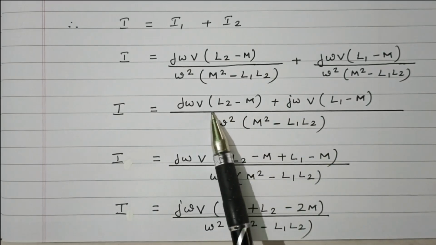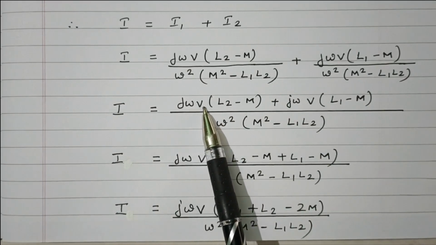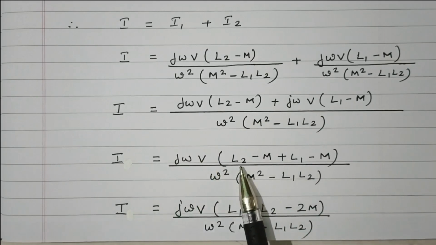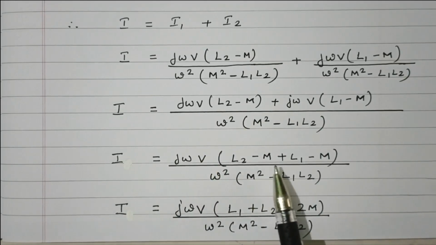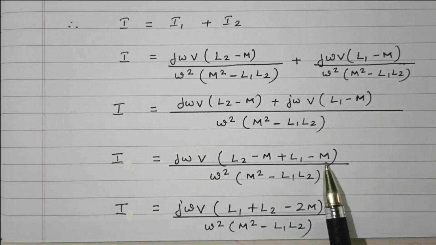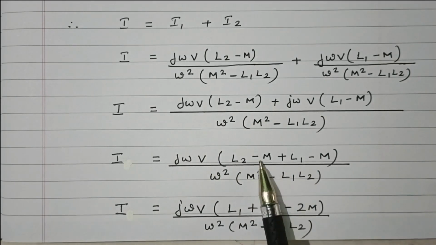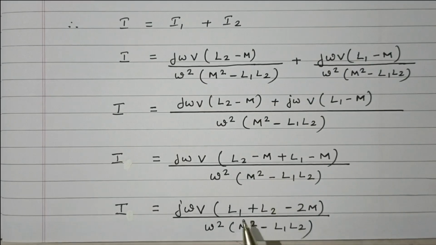Now j omega V is available commonly, and this is taken outside. So what we have is L2 minus m plus L1 minus m, that is L1 plus L2 minus 2m; m is available 2 times with negative. So we have I equals j omega V L1 plus L2 minus 2m divided by omega square m square minus L1 L2.